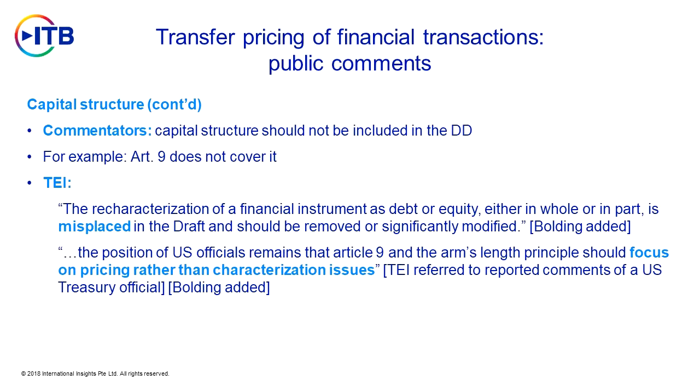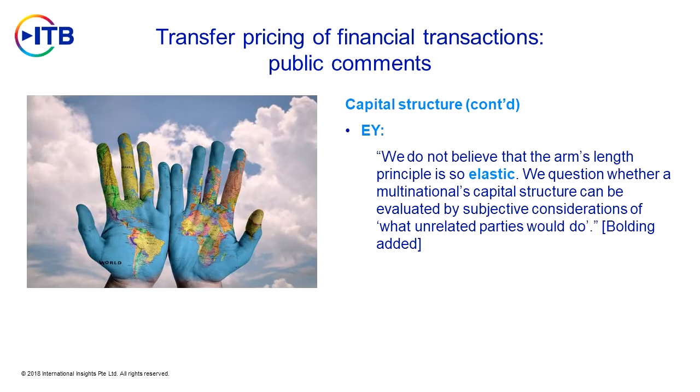TEI also referred to reported comments of a US Treasury official in June this year that the position of US officials remains that Article 9 and the arm's length principle should focus on pricing rather than characterisation issues. And EY put it this way: we do not believe that the arm's length principle is so elastic. We question whether a multinational's capital structure can be evaluated by subjective considerations of what unrelated parties would do.